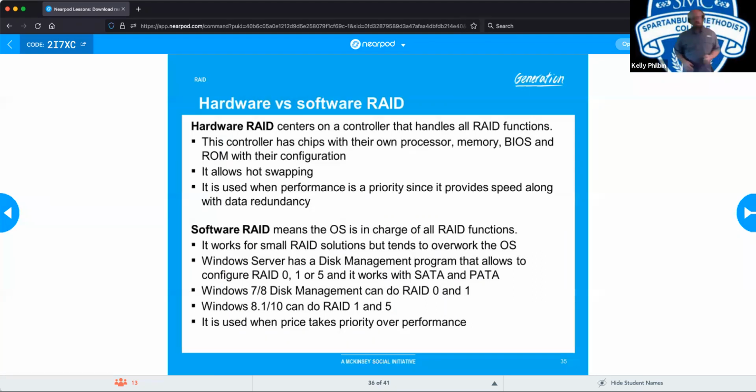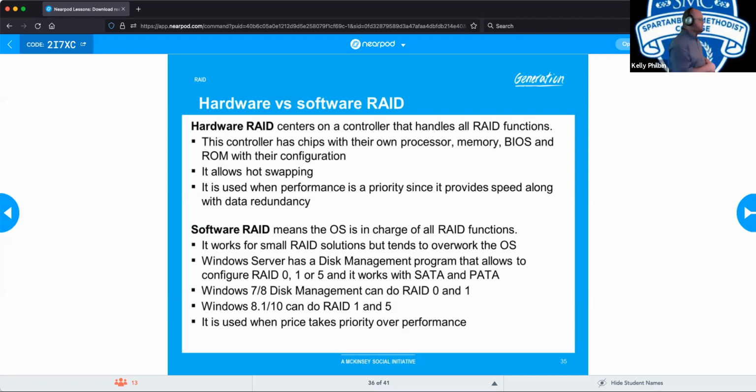Hardware versus software RAID. Hardware RAID: the controller and all the chips are in the RAID unit itself. It is managing it on site on the unit.